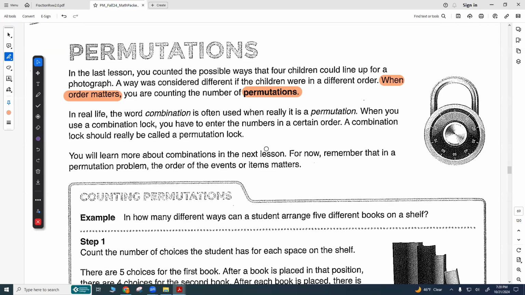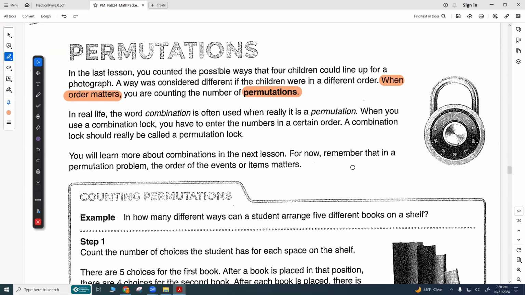So in real life, the word combination is often used really when it's a permutation. When you use a combination lock, you have to enter the numbers in a certain order, okay? So a combination lock should really be called a permutation lock, right? Because you have to put the numbers in the correct order, or your lock is not going to unlock.